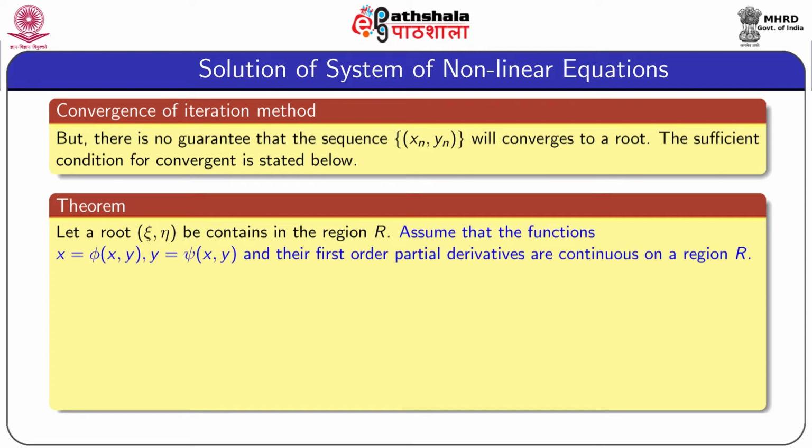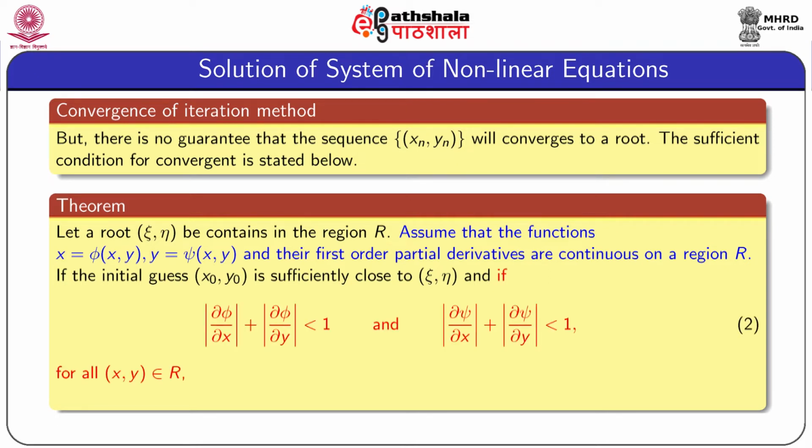Assume that the functions x equal to phi(x, y) and y equal to psi(x, y) and their first order partial derivatives are continuous within the region R, and the initial guess x0, y0 is sufficiently close to the exact root xi, eta.